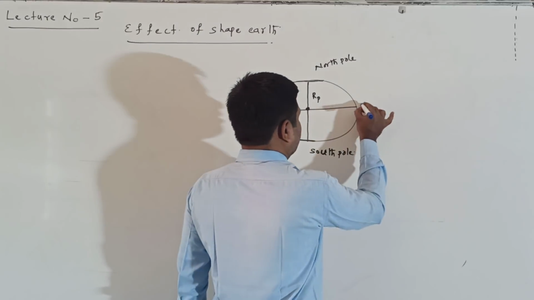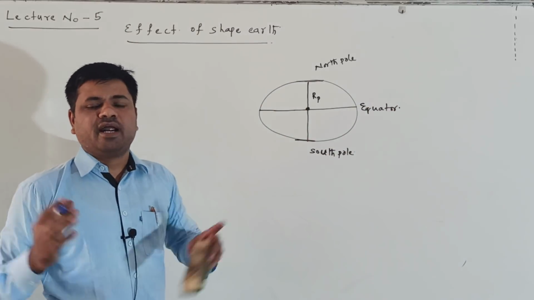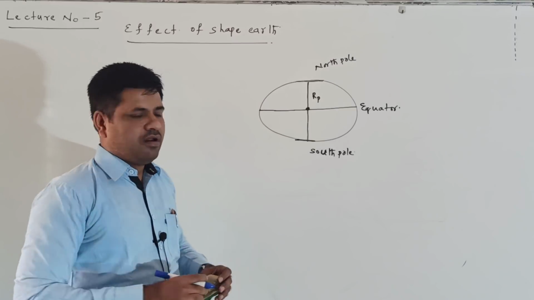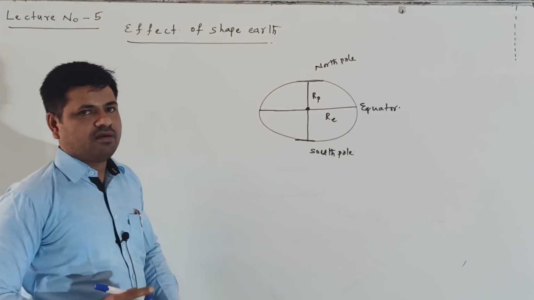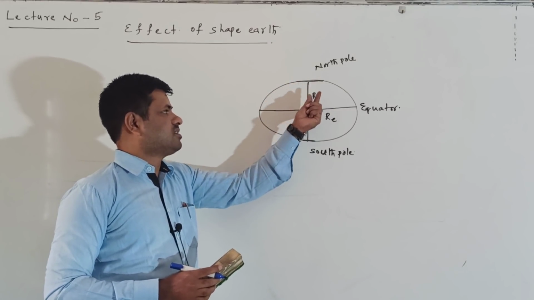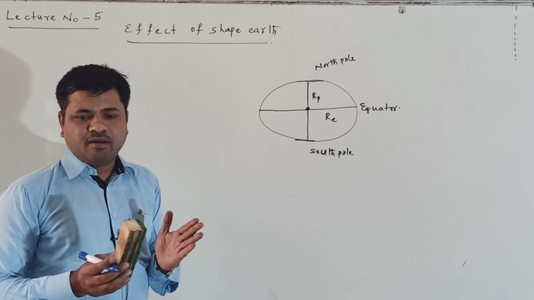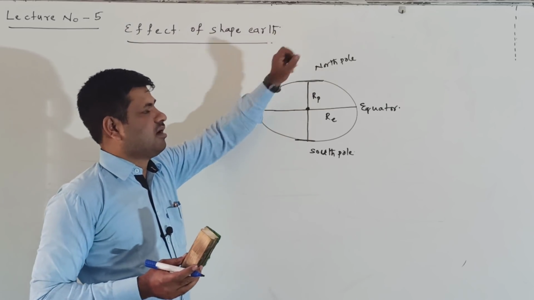This is called the equator, it bulks out at the equator and is flattened at the poles. This radius is taken as the equator radius, RE. From the center to the pole distance is RP, from the center to the equator distance is RE. Bulks out at the equator, flattened at the poles.